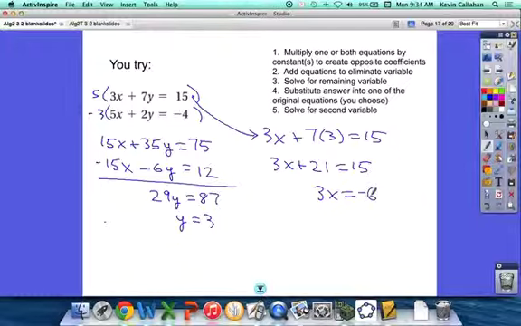Well, you may be doing it different than this, right? You may have tried to make the y's cancel. I made the x's cancel.